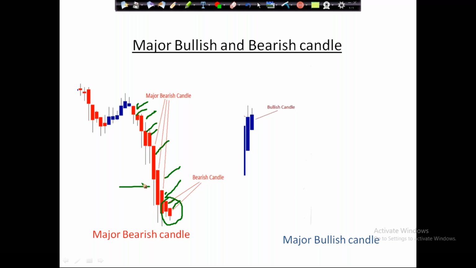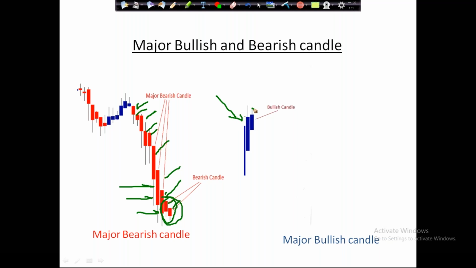This candle we call a major bearish candle. But in between this area we see two small candles, or inside bars. We must avoid these bars. Remember that. Same here, we have seen a strong bullish candle.